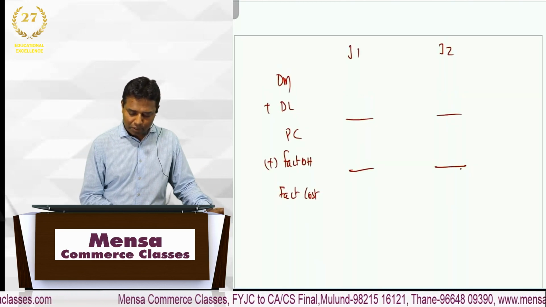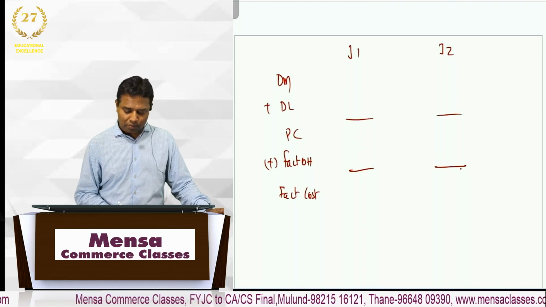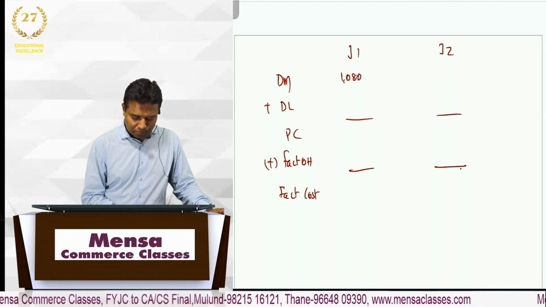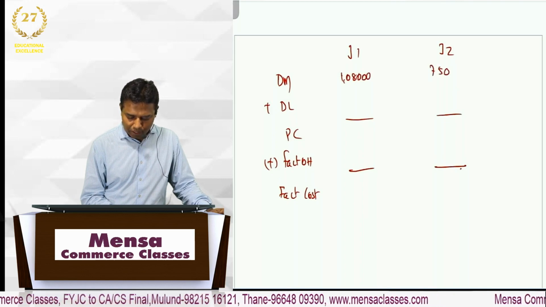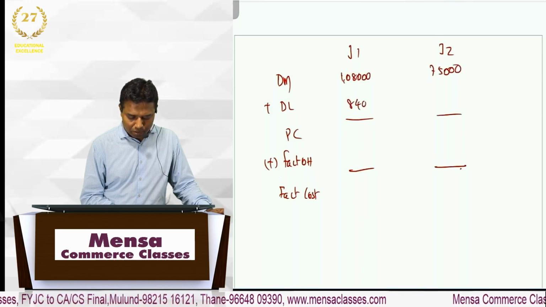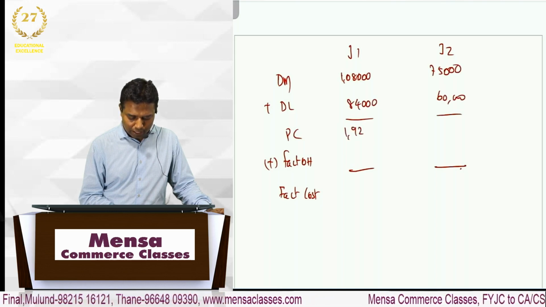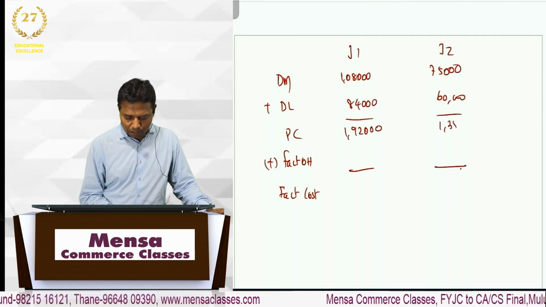Now what is my direct material? You can have the question sheet with you. It will be 1,08,000 and 75,000, and direct labor is 84,000 and 60,000. So the prime cost will come to 1,92,000 and 1,35,000.